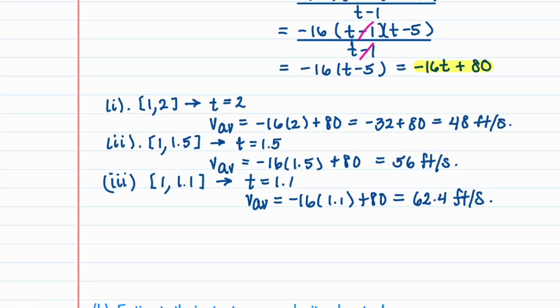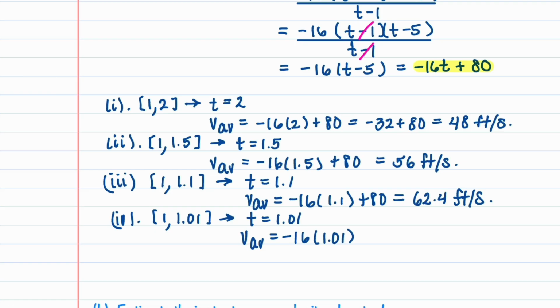Hang with me, we just have 2 more intervals to do. Our fourth interval, we're going to go from 1 to 1.01, so we're getting a lot closer to 1. t is 1.01, and our average velocity is minus 16 times 1.01 plus 80, and this gives us a value of 63.84 feet per second.